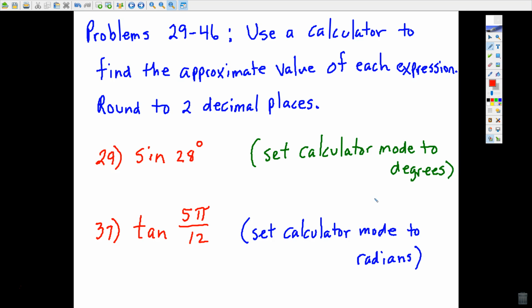Okay, now let's take a look at number 37. This time we need to make sure, since we're given radians, notice we're given a multiple of pi, we need to change our mode to radians. So go ahead and do that if you haven't already.